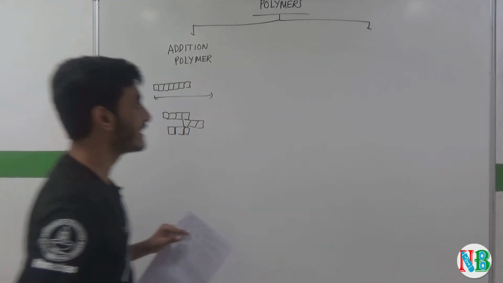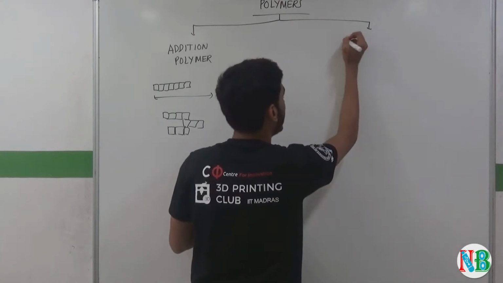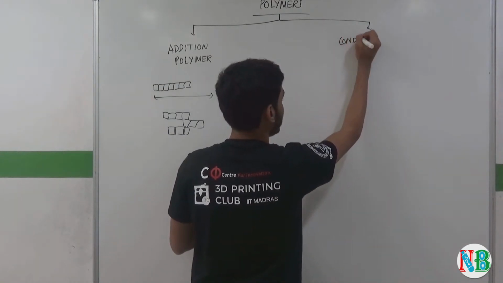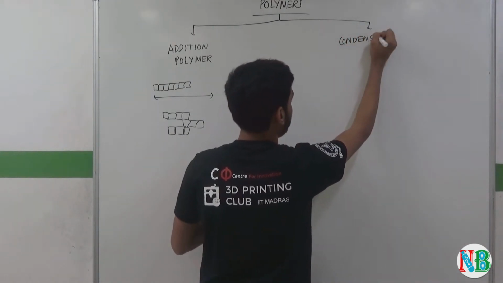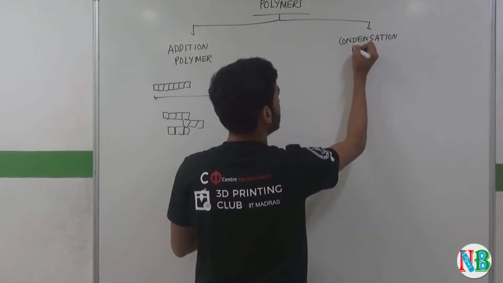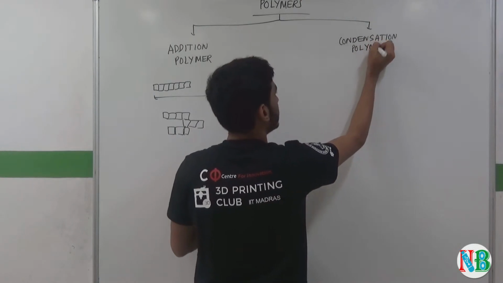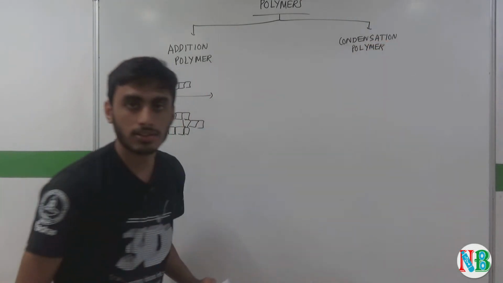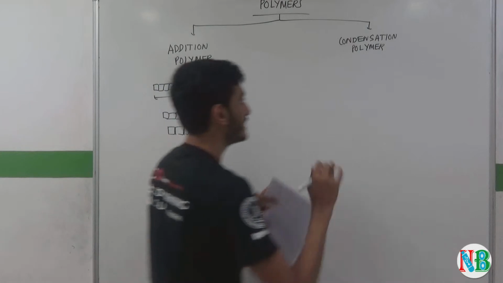That's it. In the second type, we saw condensation polymers. And over here, we have to do a very simple thing.